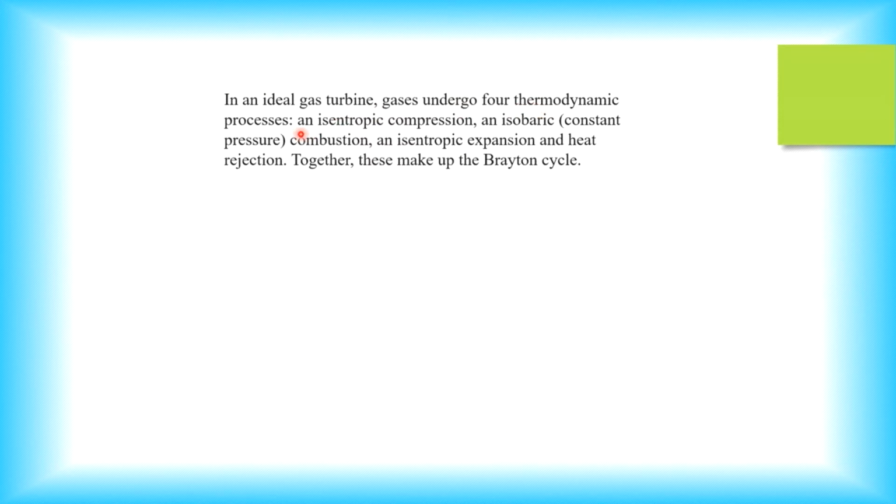First is the constant entropy or isentropic compression. Then you have the constant pressure or isobaric combustion, isentropic expansion, and heat rejection. Together, this makes up the Brayton cycle. That is for the Brayton cycle, not the open gas turbine unit. It is for a closed gas turbine unit.